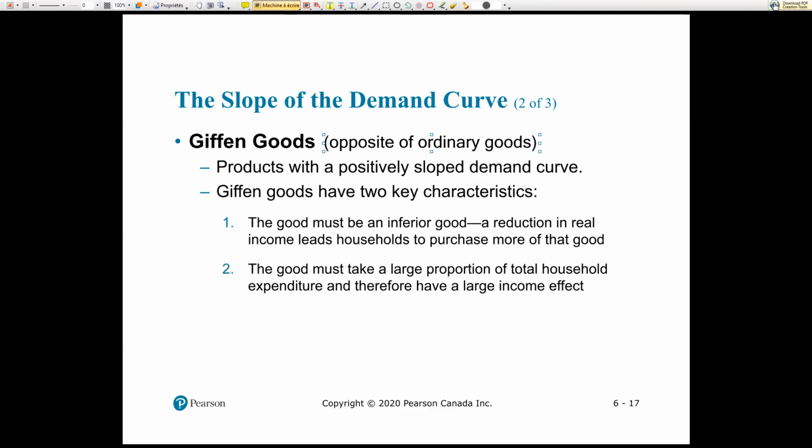So when the product is more expensive, then people consume more of it. Does it make sense? It looks very, very strange. Here's what's going on in a few words. These are extremely inferior goods, goods that take a very large portion of the total household expenditure.